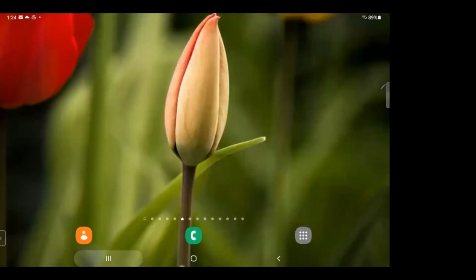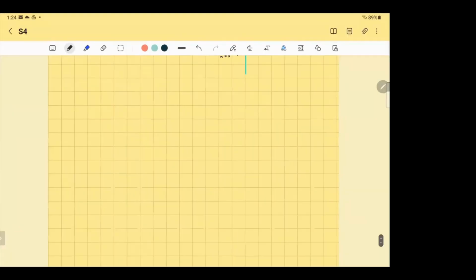I will just sketch it for you. Practice. So every 2 will work together.